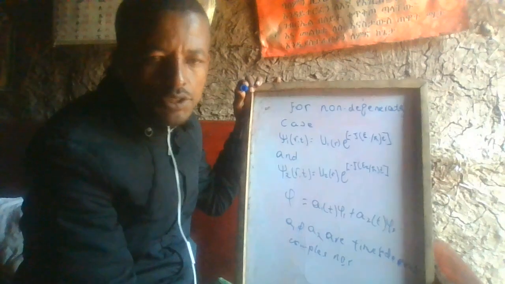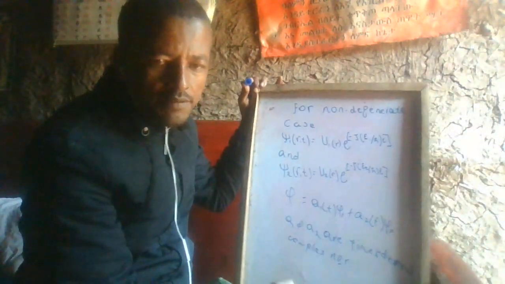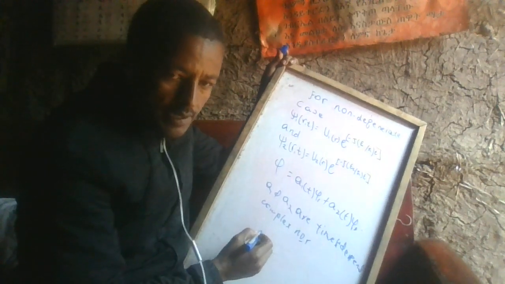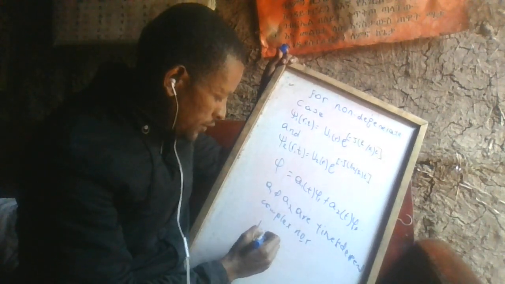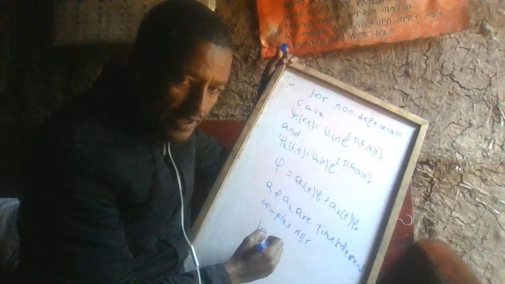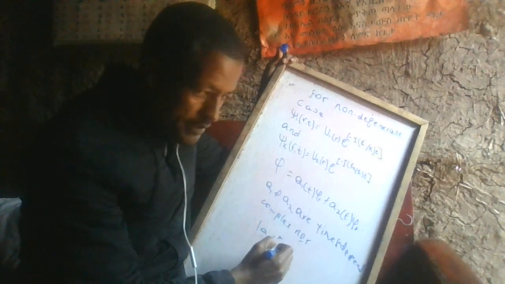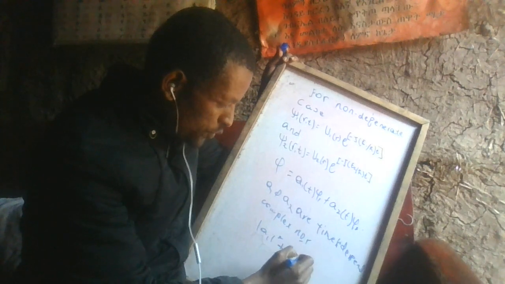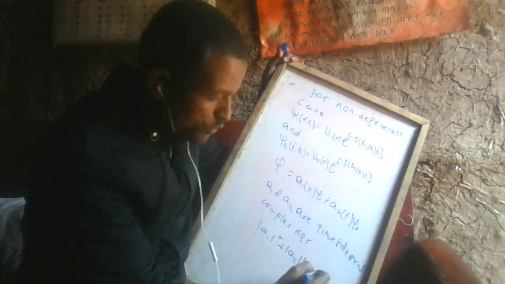Note that according to quantum mechanics we have the absolute value of A1 squared plus the absolute value of A2 squared is equal to 1.